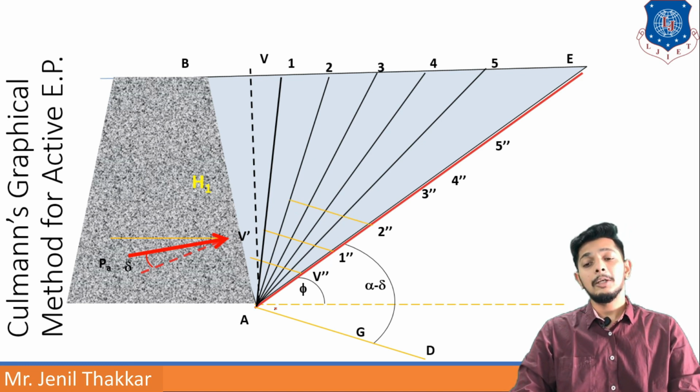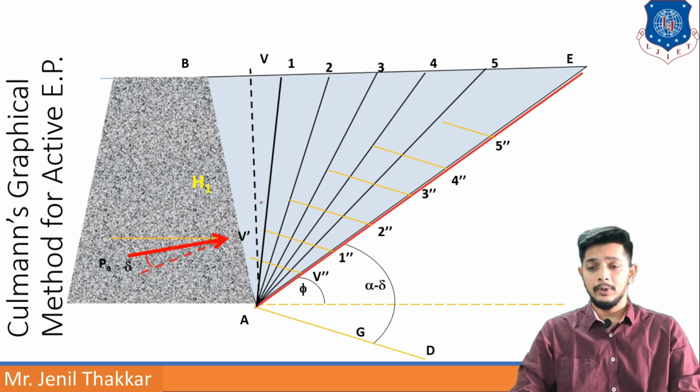So I am drawing lines parallel to the psi line and cutting these arbitrary failure planes at some points like this. So all these lines have a point cutting A5, A4, A3, A2 and A1.